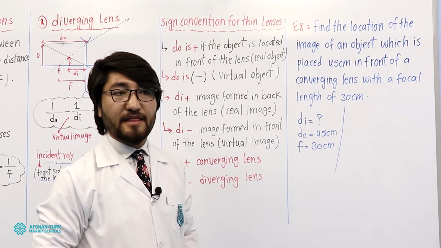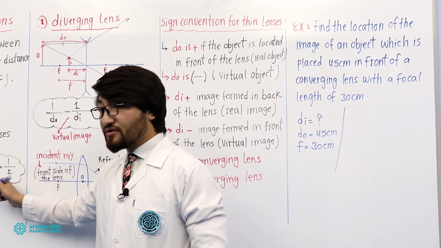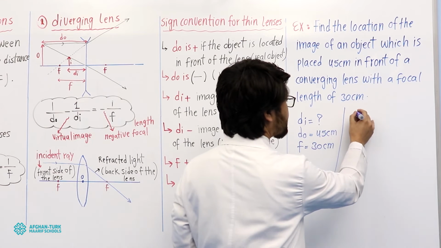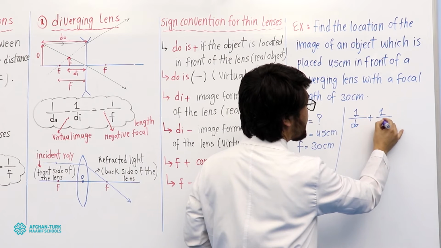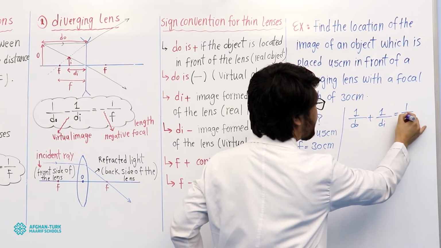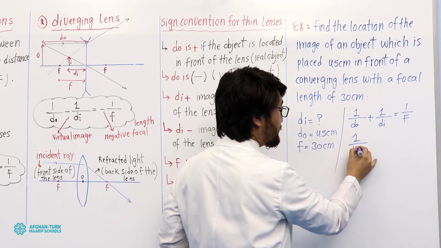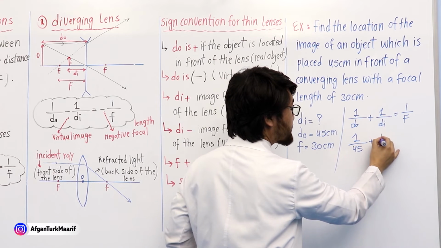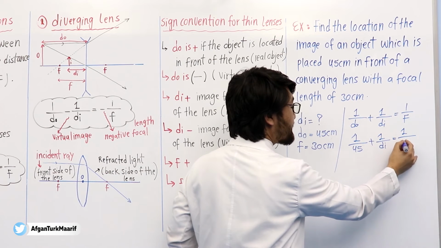Find DI. Okay, converging lens. For a converging lens, we have this formula: 1 over DO plus 1 over DI is equal to 1 over F. 1 over DO, 45, plus 1 over DI, we don't know, we should find. 1 over F, what is F? 30.